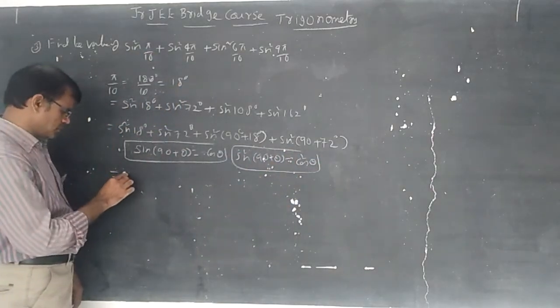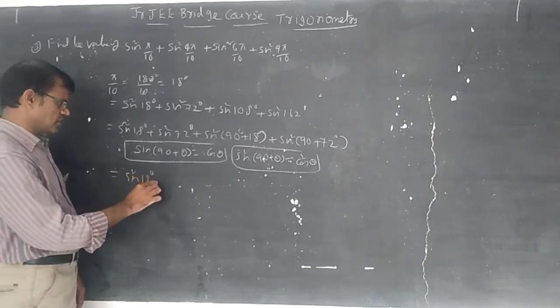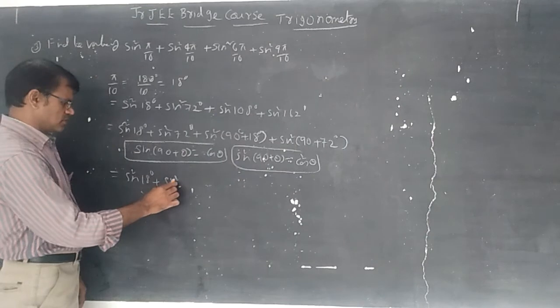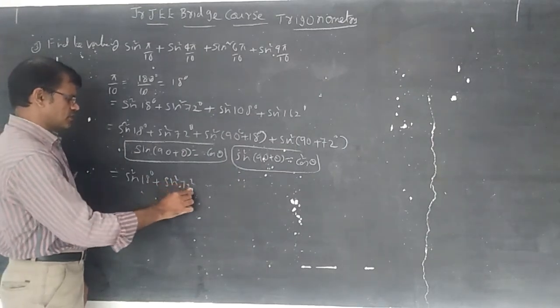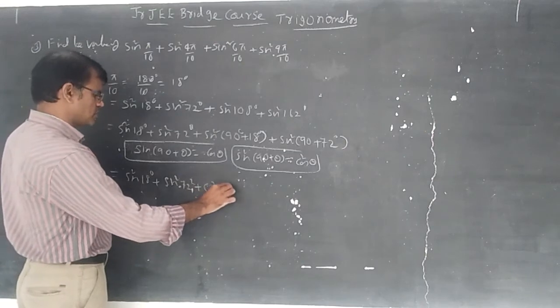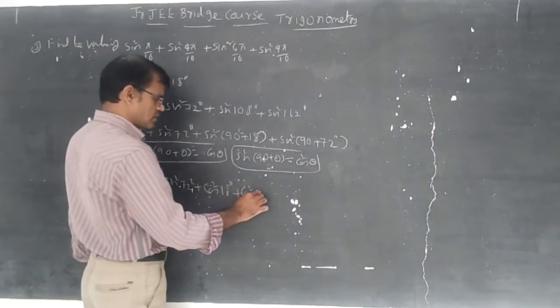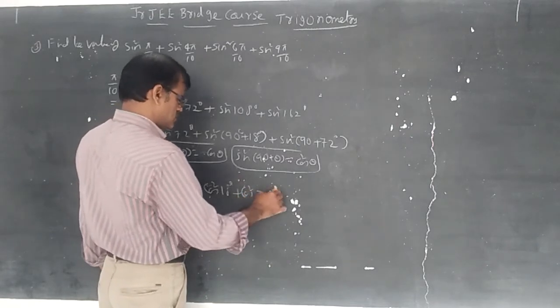That is equal to sine square 18 degrees plus sine square 72 degrees plus cos square 18 degrees plus cos square 72 degrees.